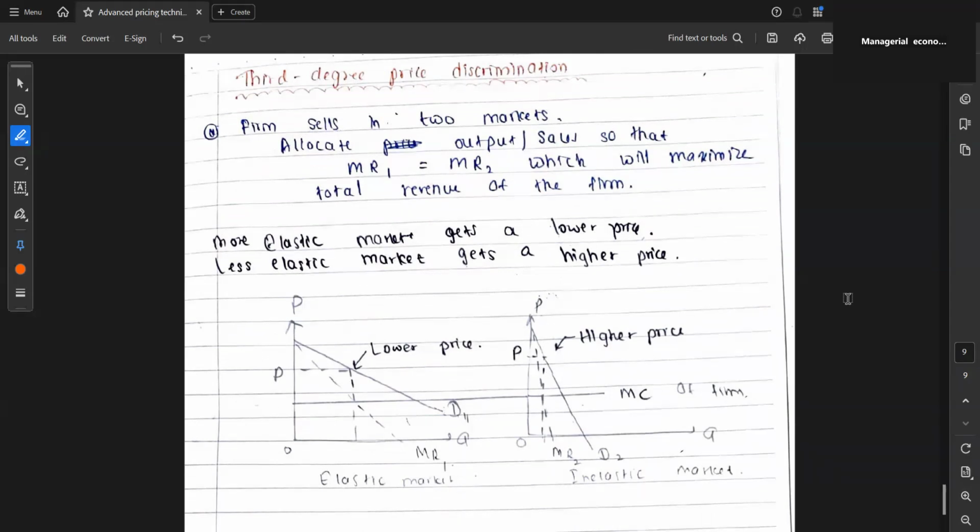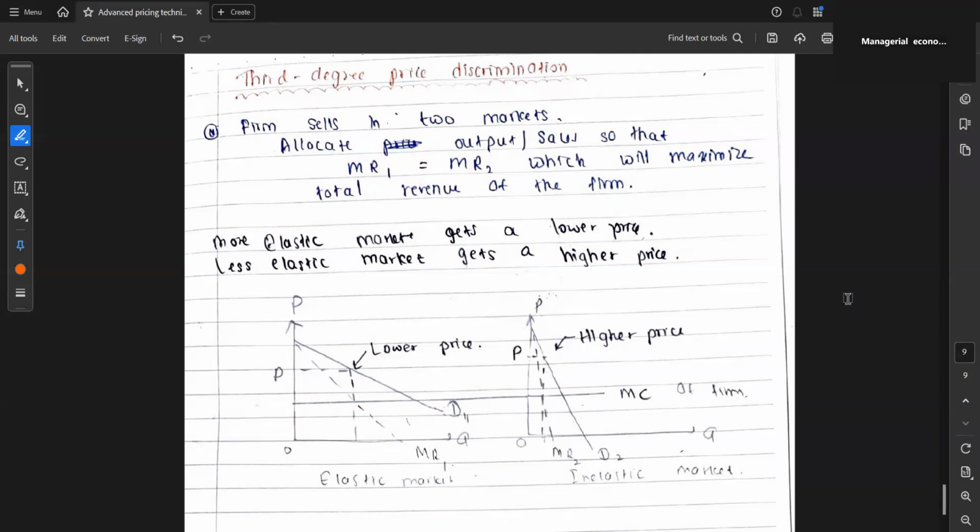There's a comparatively elastic market and a comparatively inelastic market. So to earn a higher amount of revenue, the firm is going to set their price at the level where the marginal revenue of both of these markets are equal.